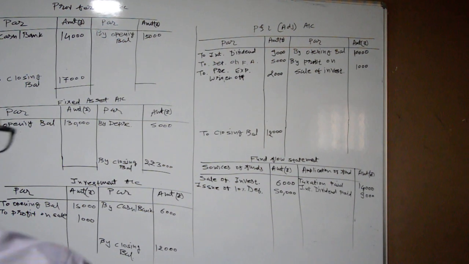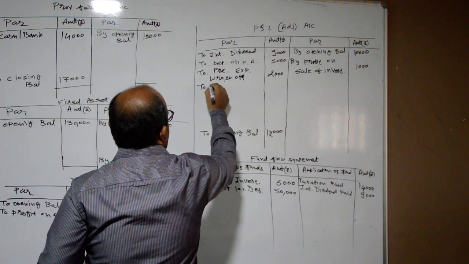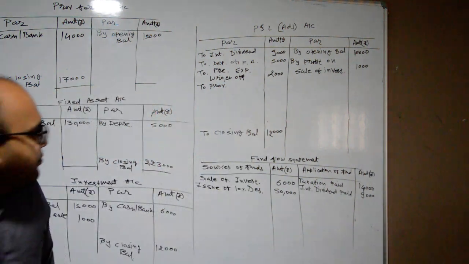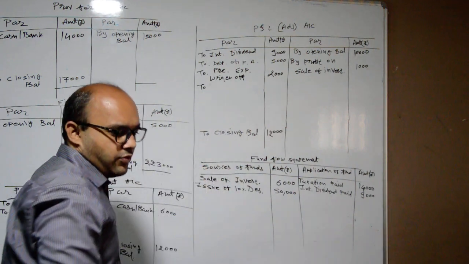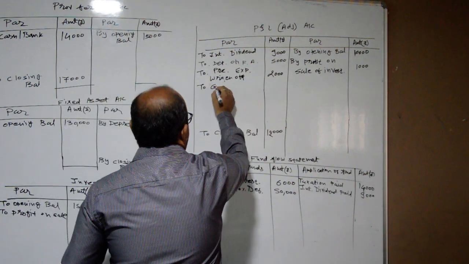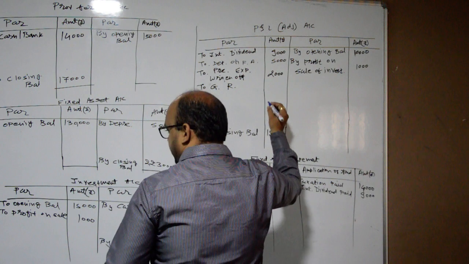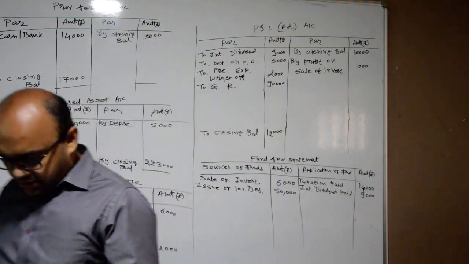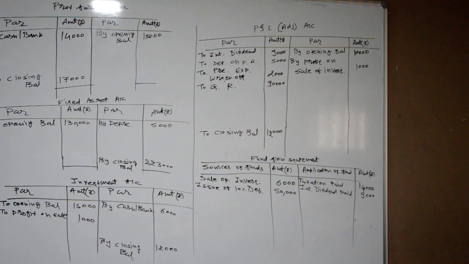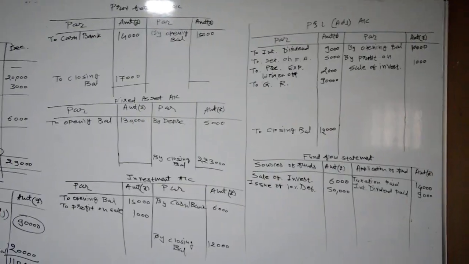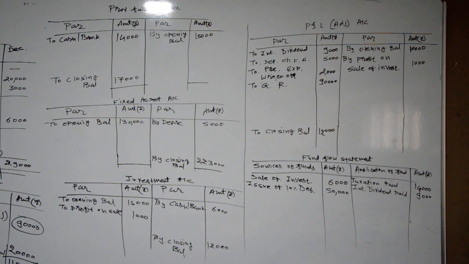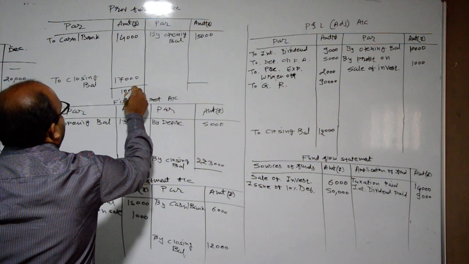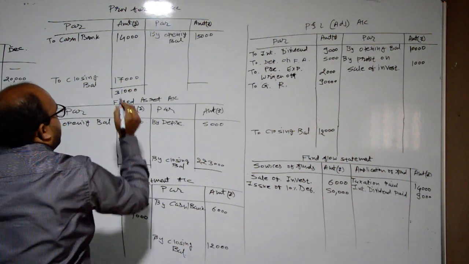Here, to general reserve account, only this word will be used, general reserve account 90,000. And then we will close our ledger for provision for tax account. Here also 31,000.